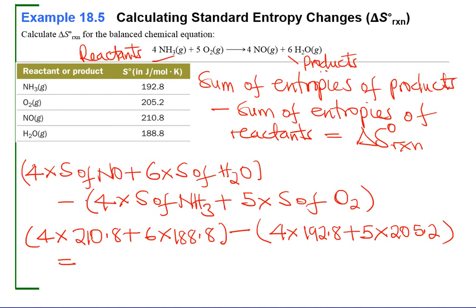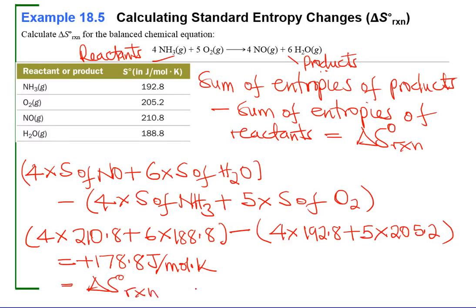So after my calculation, I find that the change in entropy is 178.8 joules per mole per Kelvin. So this one is delta S not reaction.